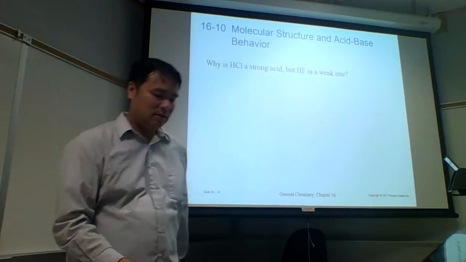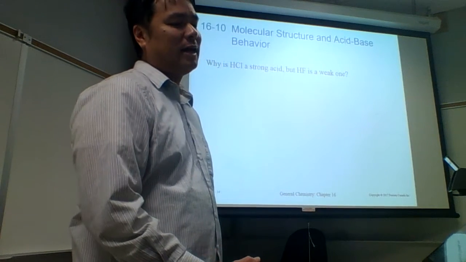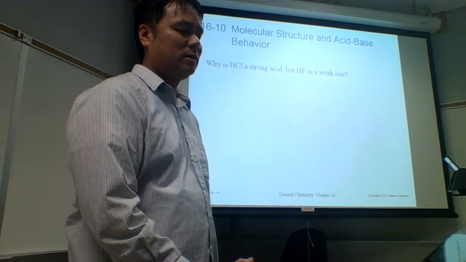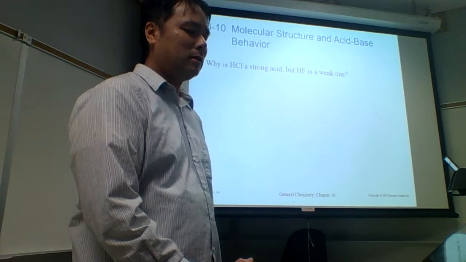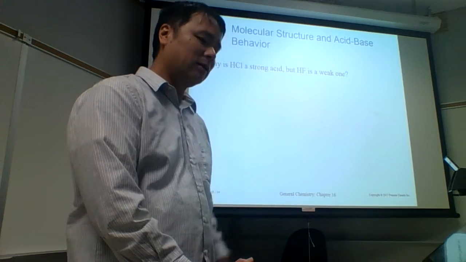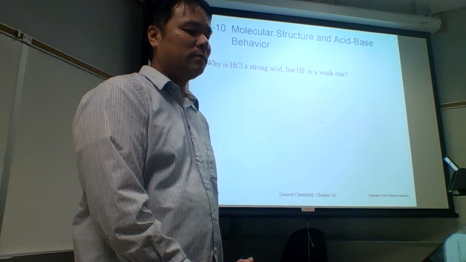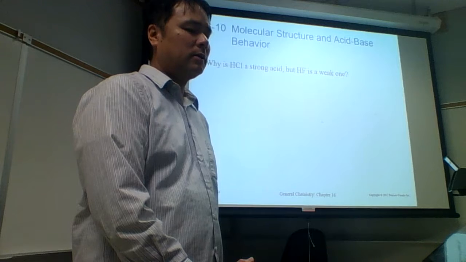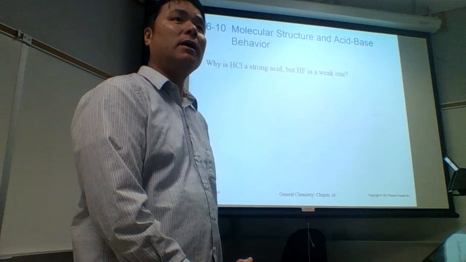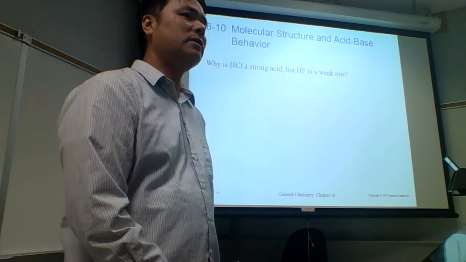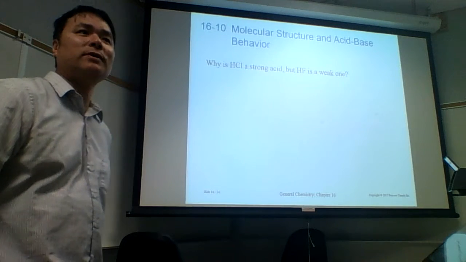But if this were like HCl, HBr, it's easy: bond strength. But HF is a bit unusual because there's one other factor, because HF is like 1 trillion times weaker. But does it have a 1 trillion times stronger bond? No, it doesn't. So why is HF unusually weak?